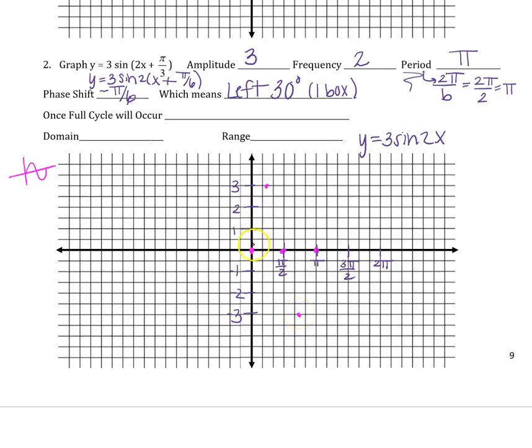So if I lightly sketch in, I'll just dash this. This is the function before it's been shifted to the left 30 degrees. Now keep in mind, again, that each of these boxes is worth 30 degrees, or pi over 6. So I'm going to take each of these points of my pink function and move them to the left one box.